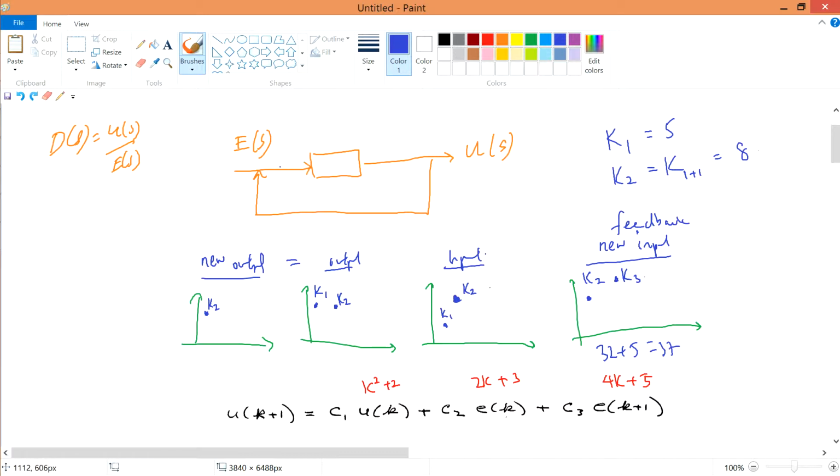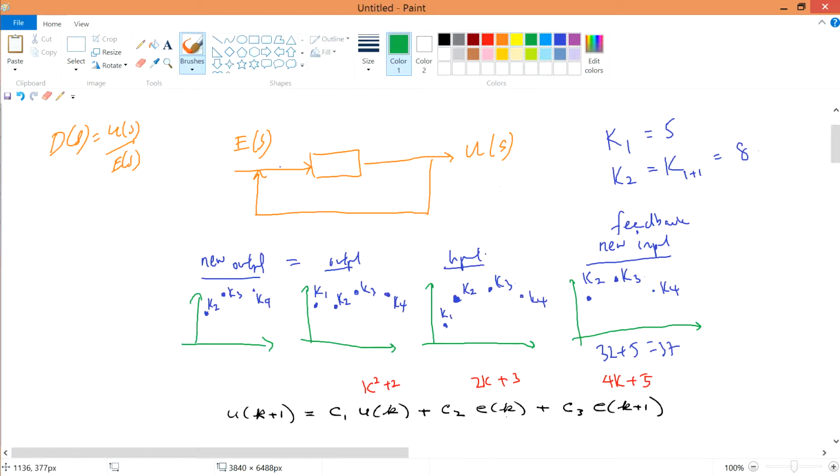So this new input can also be fed back over here, k3. And this new input will go into this system and become a new output, which is k3 over here. This new output is somewhat a new input for this case. I mean, this new output is an output for, you get what I mean? So later on I'll just do k3, maybe k4.